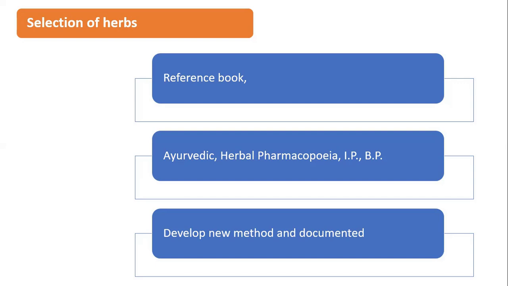Then if the plant is new, by utilizing different methods such as genetic engineering, you develop new plant seeds, and nothing else is available. So on a trial basis you go ahead with the cultivation process.